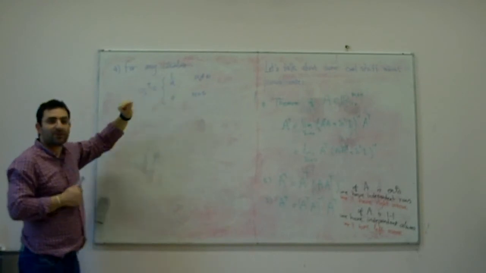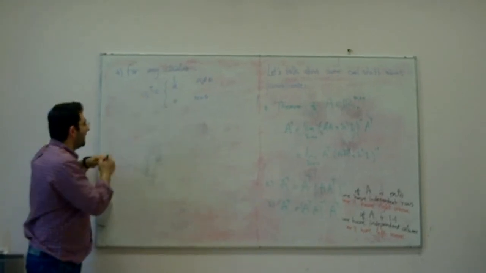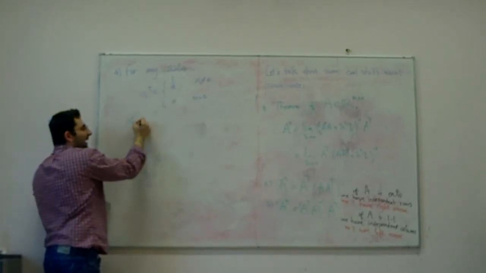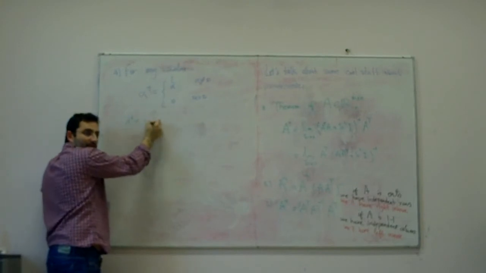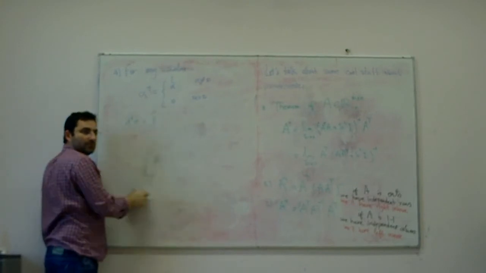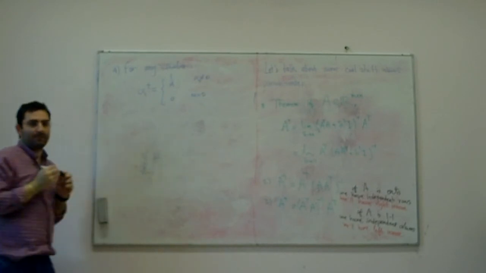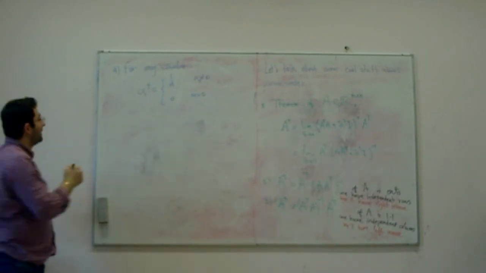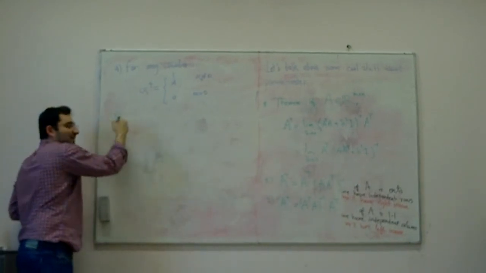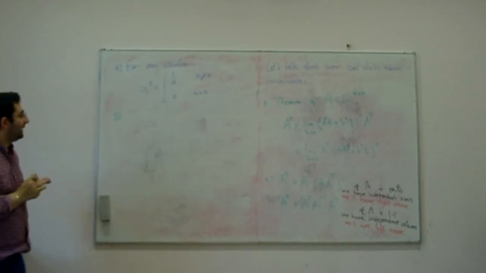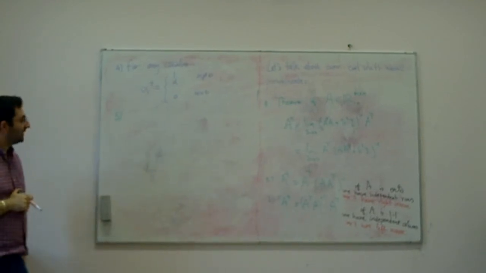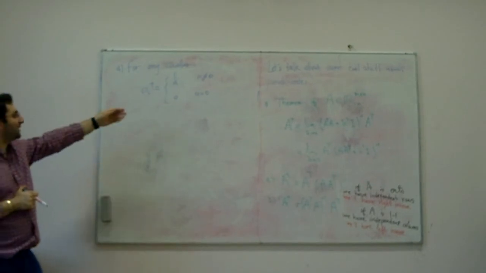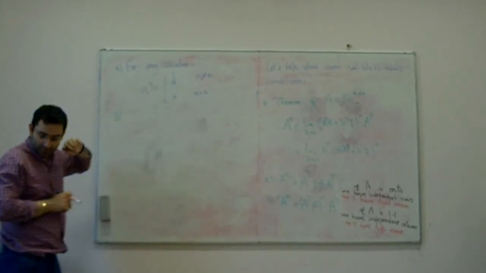But we define it as 0. I understand what you mean, you say that alpha plus alpha should be 1. No, not necessarily. This is how we define it for the singular situation, because 0 is singular here, it's undefined.